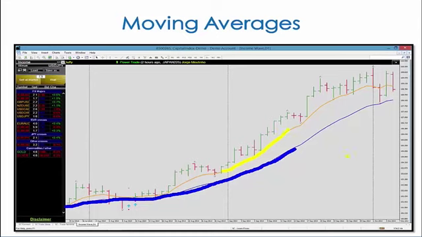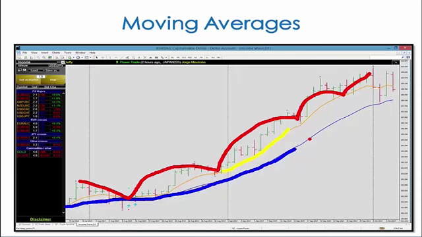Now, you can see that the price reacts off of moving averages, and in a trending marketplace, it typically bounces, bounces, bounces, and so on. And we can use this to our favour. But moving averages help us to work out direction and also help us to work out where the next bounce is likely to occur.